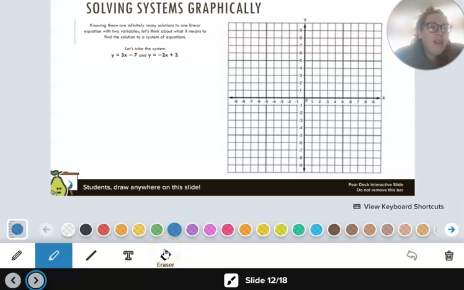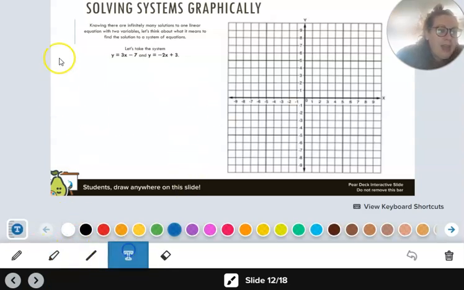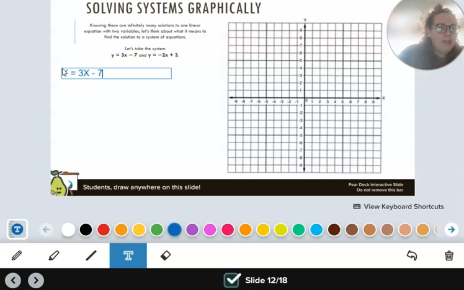So knowing that there are infinitely many solutions to one linear equation with two variables, let's think about what it means to find the solution to a system. So let's take a look at this system. We have y equals 3x minus 7, which means our slope is 3 or 3 over 1, and our y-intercept is -7, which is the point 0, -7.